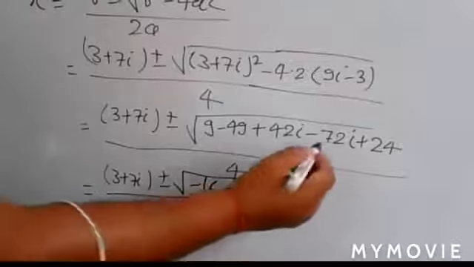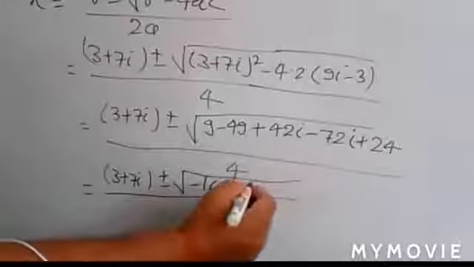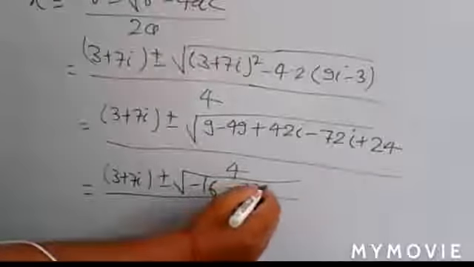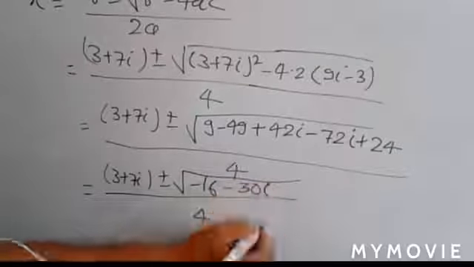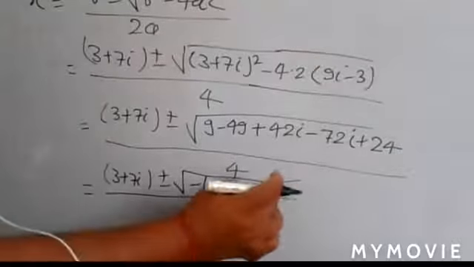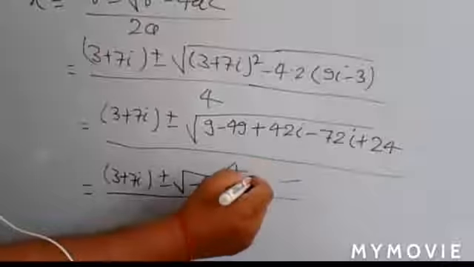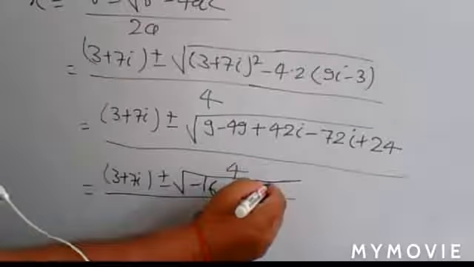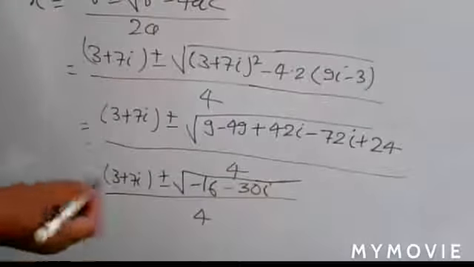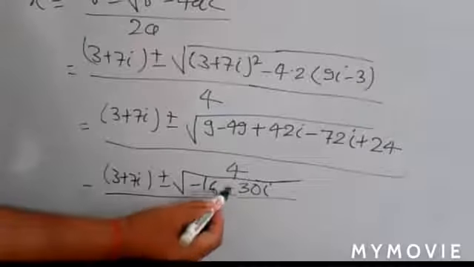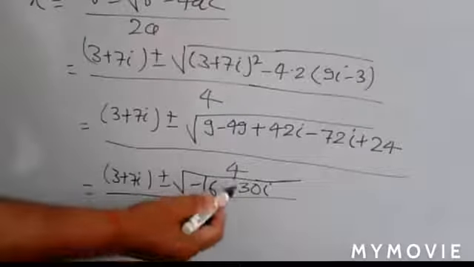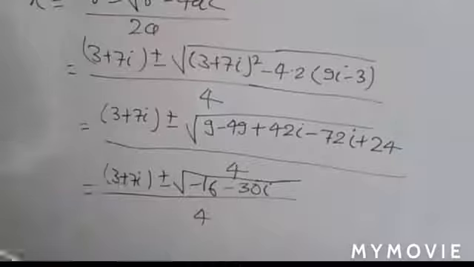So here you have minus and subtract it. So you have 30i, 30 times i is there. Understand? So here you have 30i. Okay. So here you are trying to find the value of this square root.